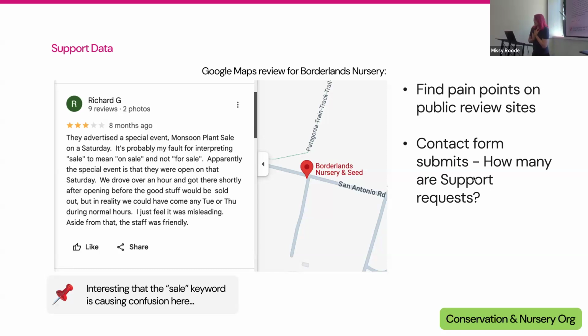And of course, this is interesting to us because now we pair that with the quantitative data that showed the users coming in using "for sale" to search for their plants, and you can start to see how this happens. So it's really, really helpful.